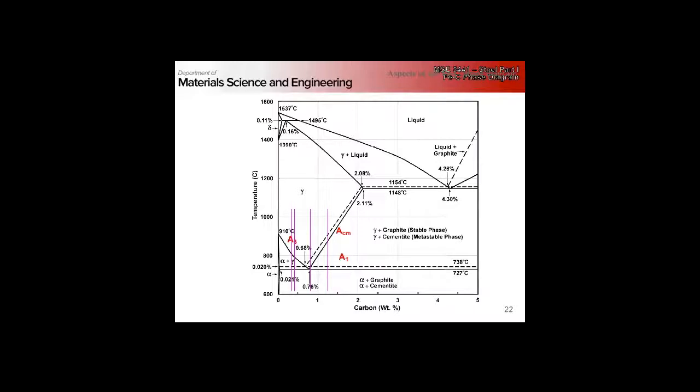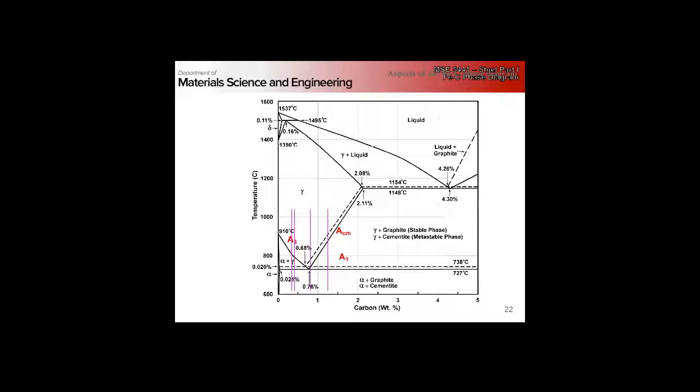We come down exactly through the eutectoid point. So now we have alpha that has a virtually zero solubility of carbon, and our cementite. Right? What's this structure look like?